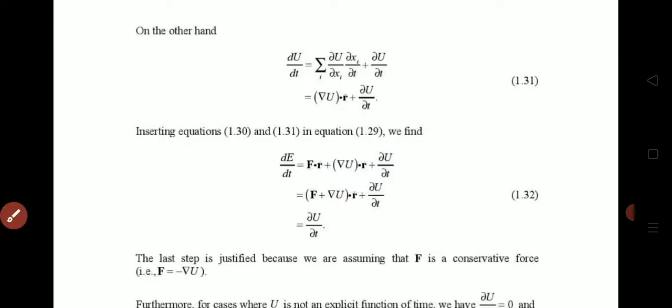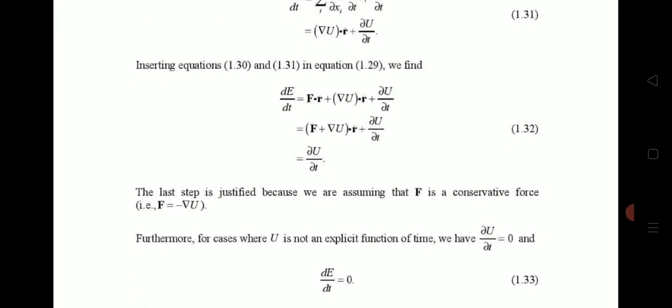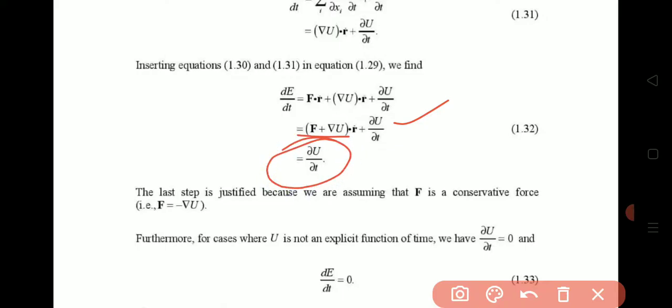Now it becomes (F plus del U) dot r dot plus partial U by partial t, and this will be equal to partial U by partial t, because the last step is justified as we are assuming that F is a conservative force.